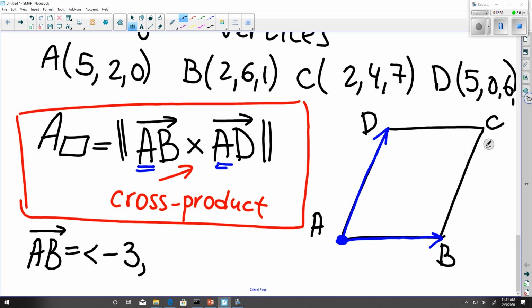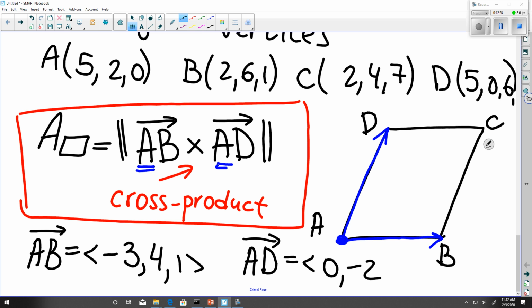I make mistakes as usual, but I'll do my best not to make them today. Yes, I subtracted correctly. And I want AD as well. A and D now, 0, minus 2, 6, thank you.